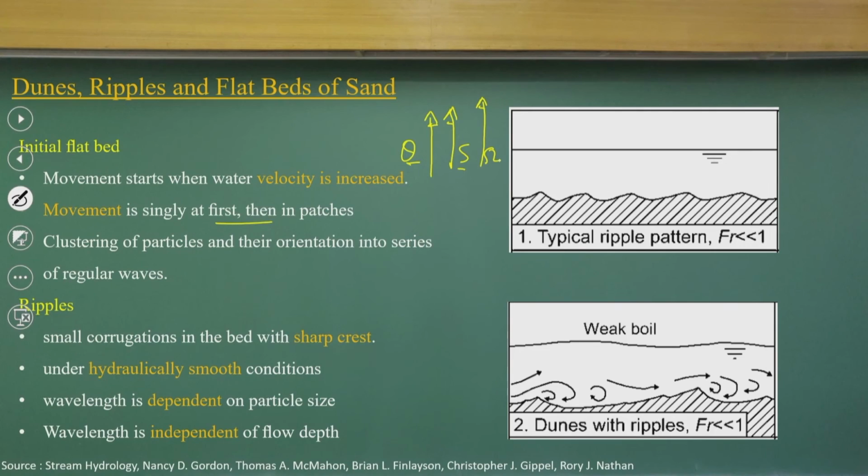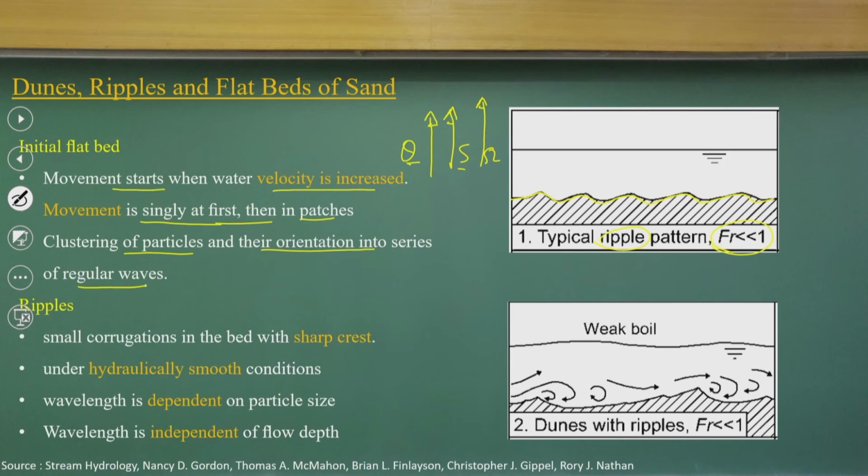When you typically have a flow Froude number much less than 1, you will have a bed form with very small amplitudes, and the thickness is not big. The sand particles will make small ripples. Ripple patterns will form, and as the velocity increases, movement starts, and it makes patches, and the clustering of particles is oriented to make a series of ripple waves.